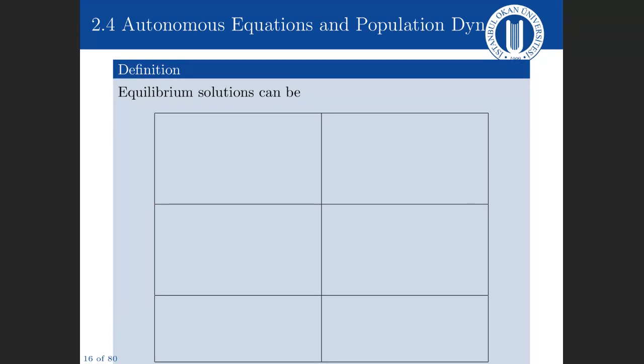Let's just recap. Remembering I was drawing green arrows on the graphs before, green arrows can tell us how to classify an equilibrium solution. If all of the arrows are moving towards an equilibrium solution, if we have two arrows and they both move towards it, or depending on the domain of our equation, maybe we only have one arrow and that arrow is moving towards it, then the equilibrium solution is asymptotically stable.